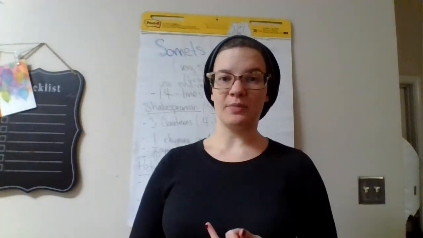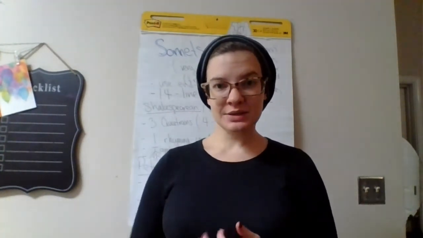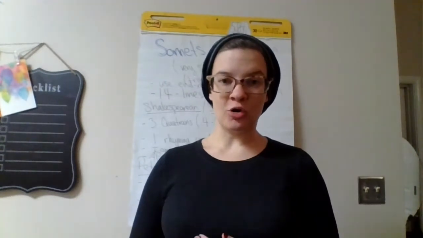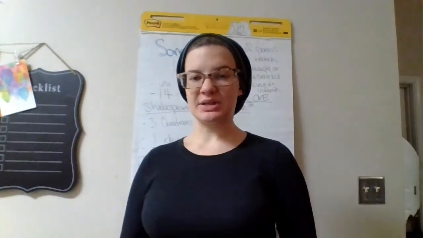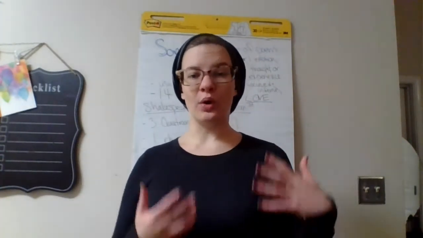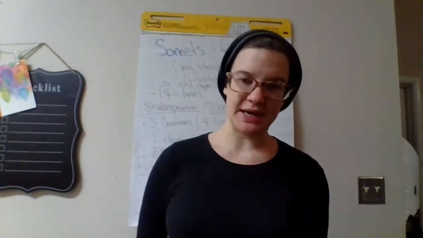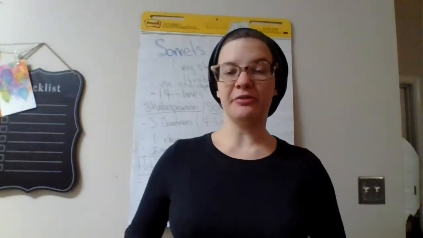We're going to be talking more about fictional texts, and we're definitely going to be hitting home our style elements, so our how: how is the author putting the text together, what devices are they using, what is the impact those things are having on the text. So those are going to be kind of our focuses for this unit.